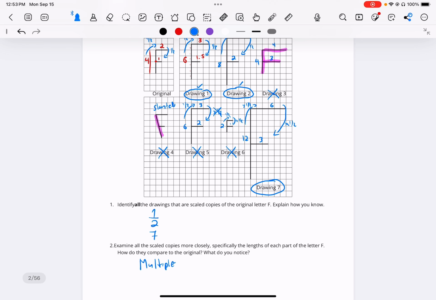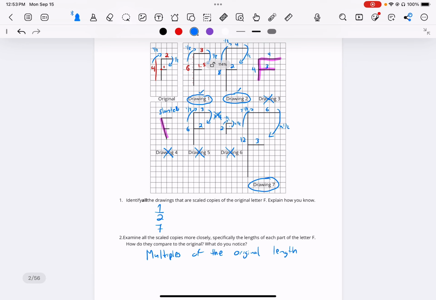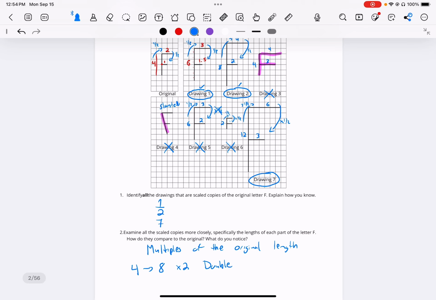So they compare to the original because they are all multiples of the original length. So if we notice going from our original, which was 4 high, looking at drawing 2 to going 8 high, it was double in size.